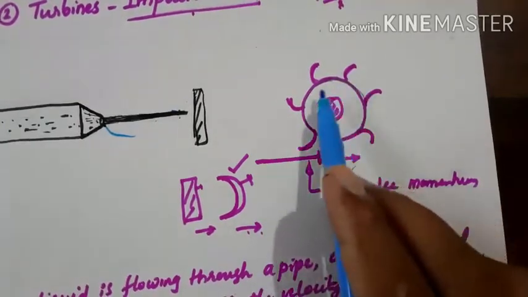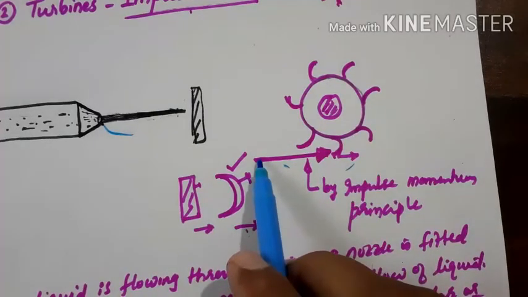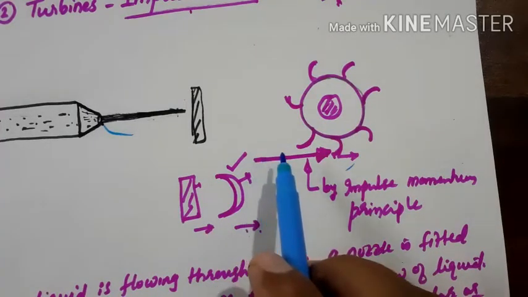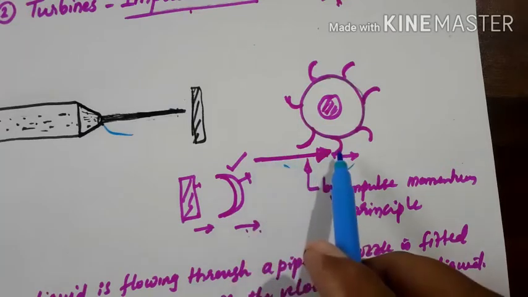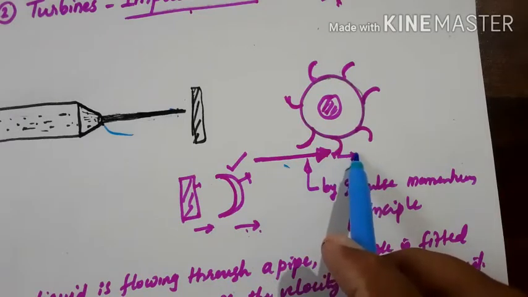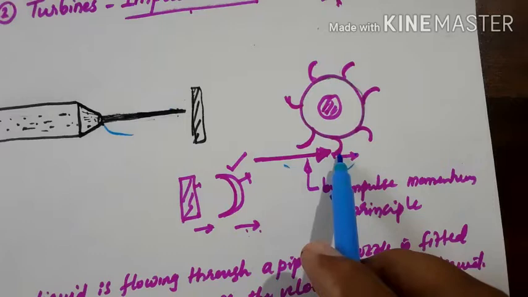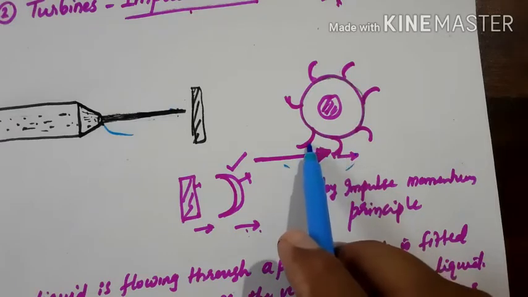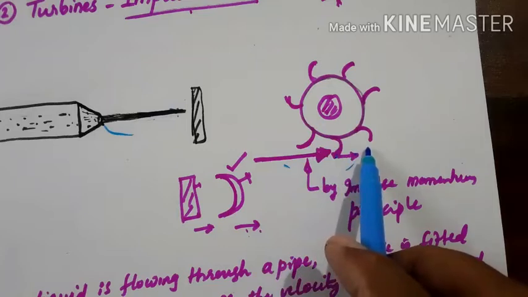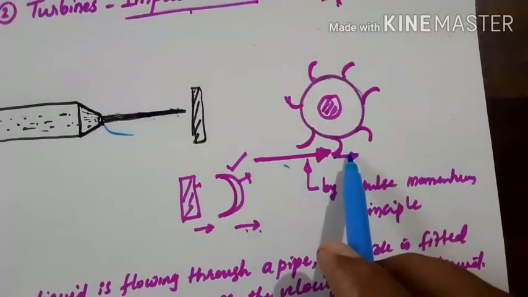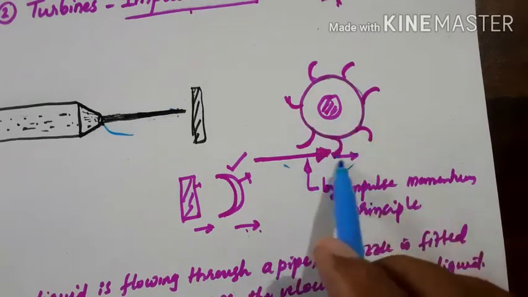When this hydrodynamic force is exerted on the blade or vane, the vane will move forward, then the next blade will come and stand before the jet, take the force, and also move in the forward direction, and this will continue.